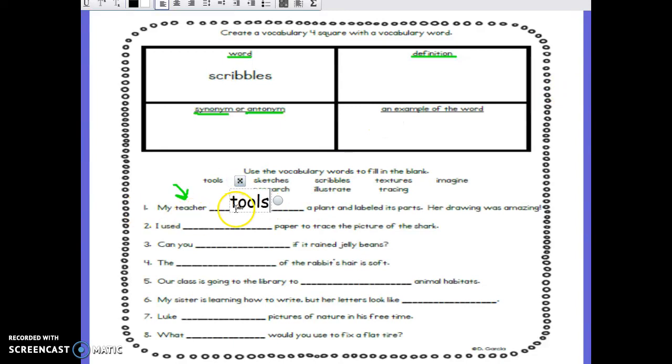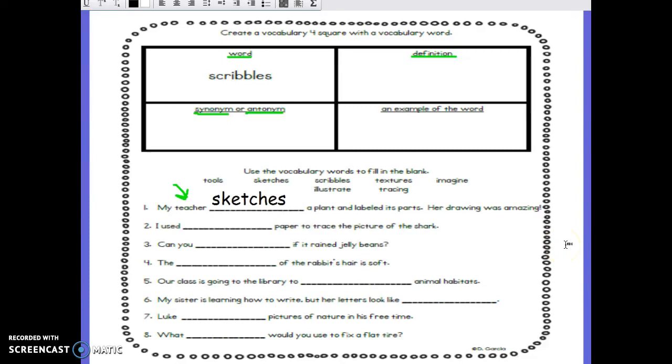My teacher tools a plant and labeled its parts. Her drawing was amazing. Doesn't make sense, right? But if I were to insert sketches, my teacher sketches a plant and labeled its parts. Her drawing was amazing. Now that makes sense because we know a sketch is just kind of a quick drawing. So that one would sound right and make sense in the sentence.